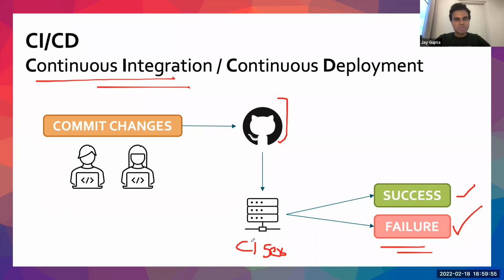So we can program the CI server such that whenever there is a change in the code base, the CI server automatically builds the application and sees if it's building successfully or not. If it's building successfully, then it's good. If it's not, then it will result in a failure and the code will not be merged. So this is basically what continuous integration means.